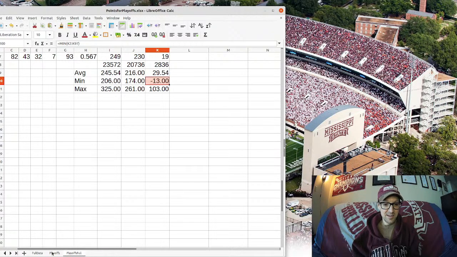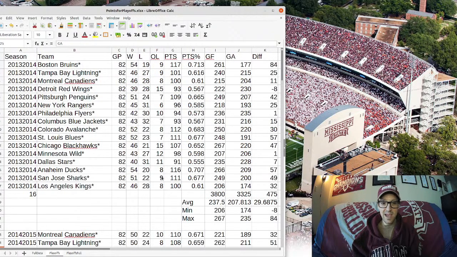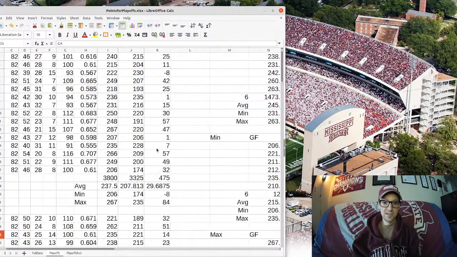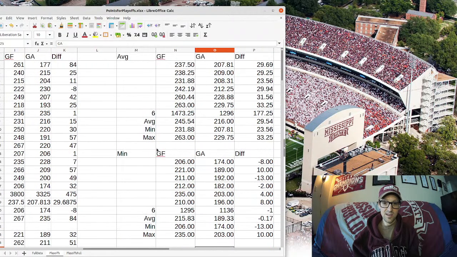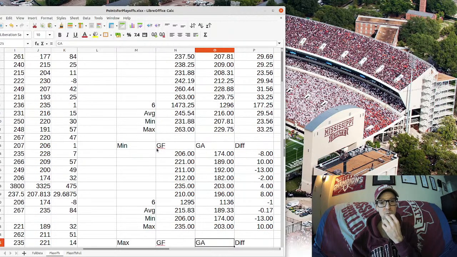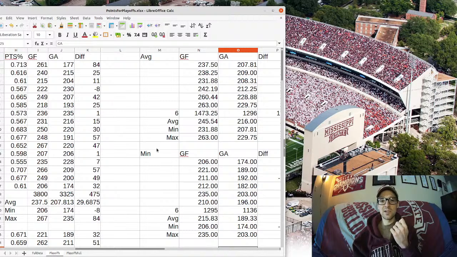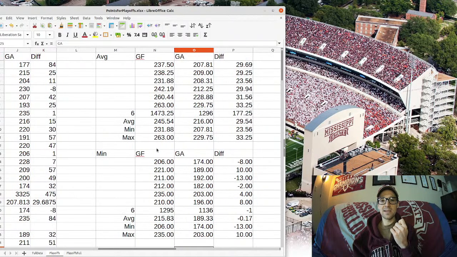And now when we break it down into the seasons, what I did here is I figured out the average, min, and max for each of the per season data sets.